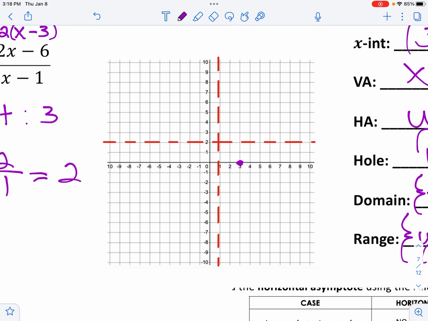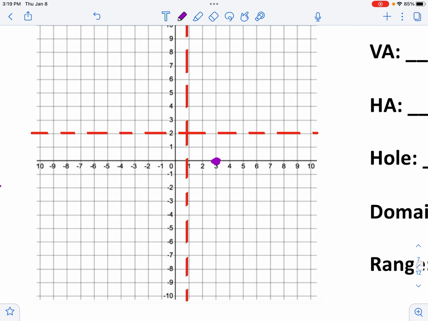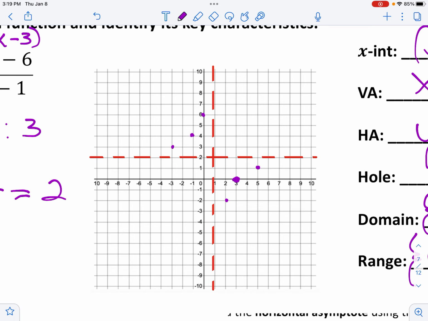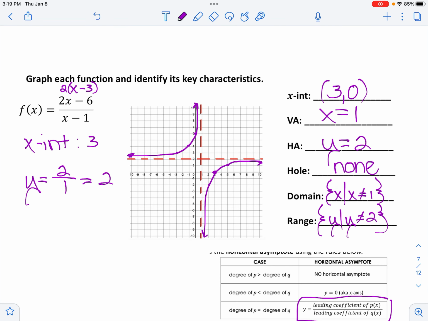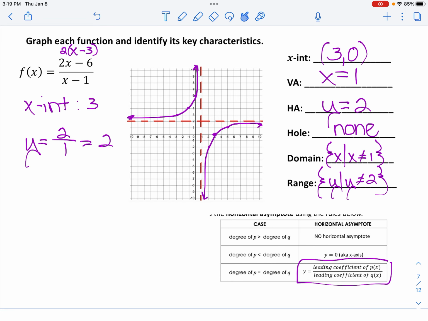Well, I already have one here on the x-axis. If you do another one, I like to just try another one. You end up with a point here and kind of a point down here. So that also transfers this way. So then there's one of the branches. There's the other. Okay. There we go. Hopefully that makes some sense.